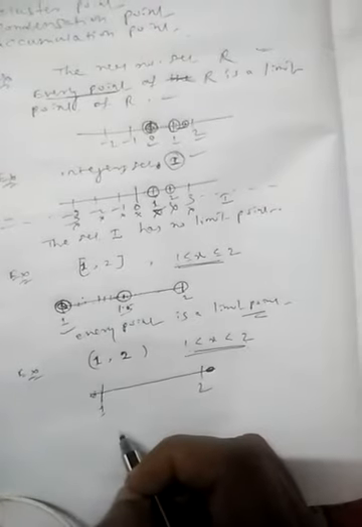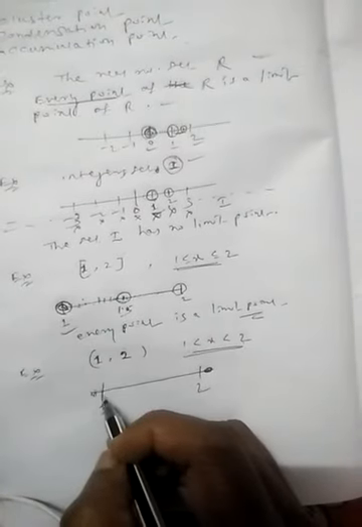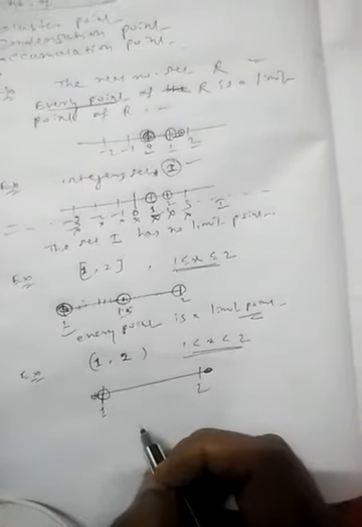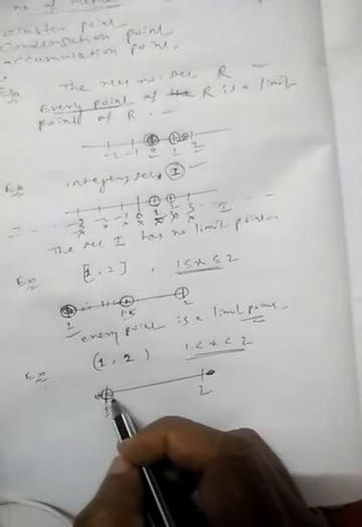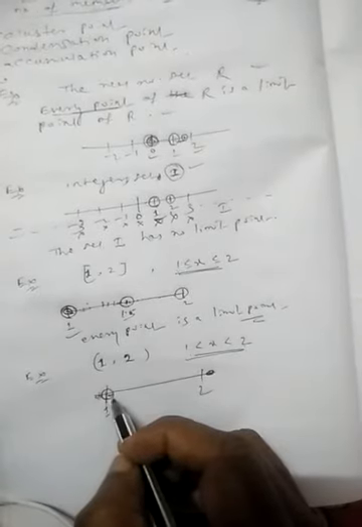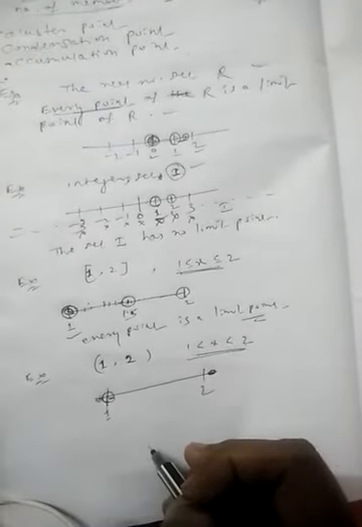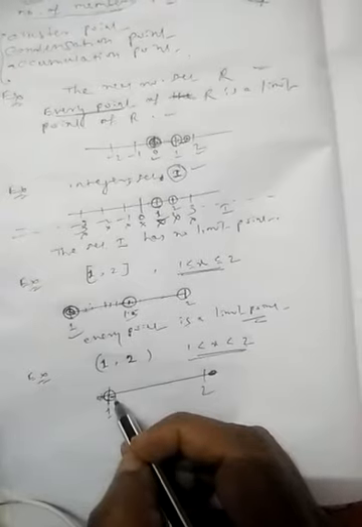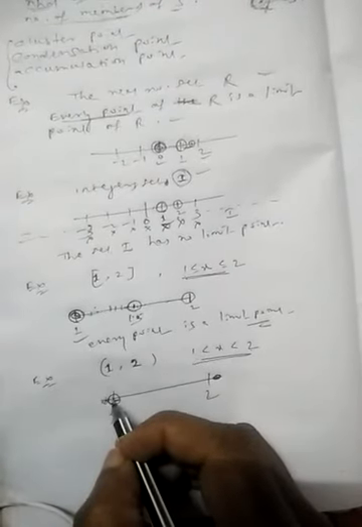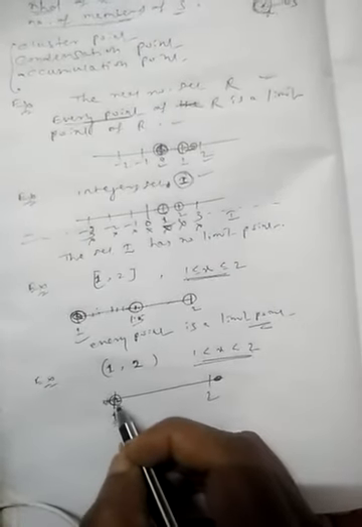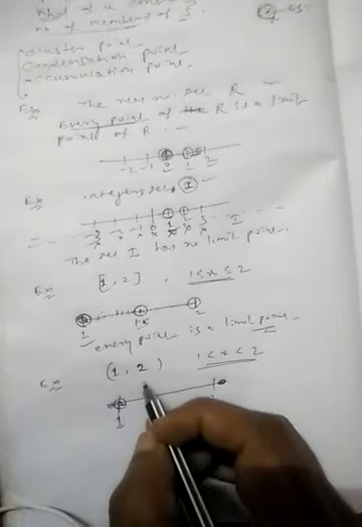But if I check for 1, then I take a neighborhood. Then here you can see there are so many real numbers in this neighborhood. That means it has members of real numbers which this neighborhood contains. Again, you can take any neighborhood of 1. It contains an infinite number of points of that set.